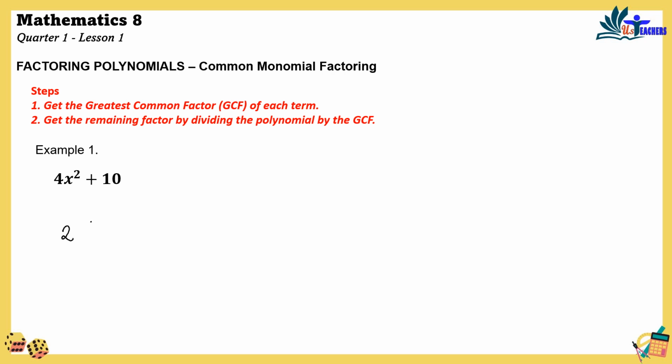So, ilalagay natin parenthesis. So, dito natin ilalagay yung pangalawang factor. So, paano natin nahanapin yon? We're going to divide. So, yung unang term, 4x squared divided by 2, ang answer ay 2x squared. Next, positive 10 divided by 2 is positive 5. So, yan po yung factors ng 4x squared plus 10.